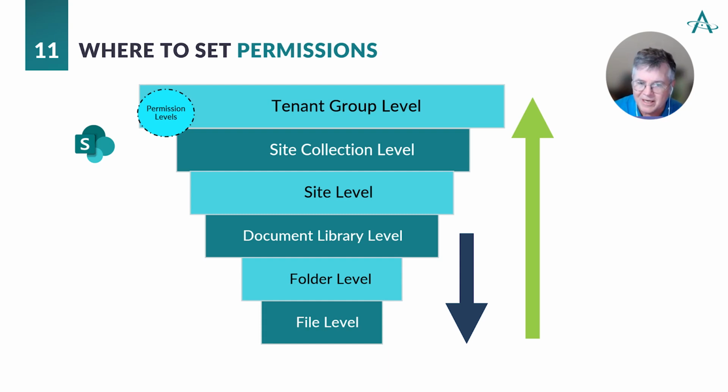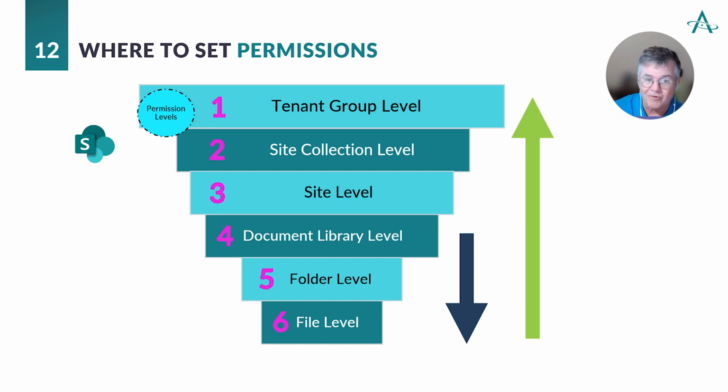You can give it at the site level, site level meaning the SharePoint site level, site collection level meaning the collection of all your SharePoint sites. You can give that permission at the document library level, or you can actually set permissions at the folder and file level.